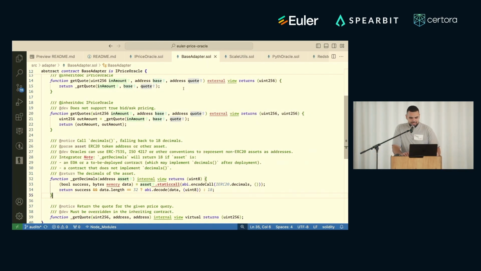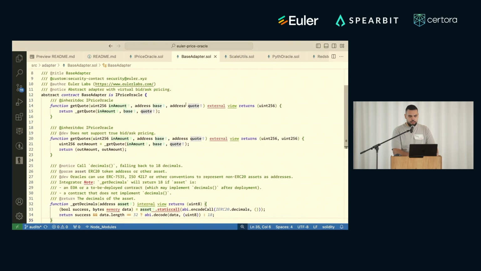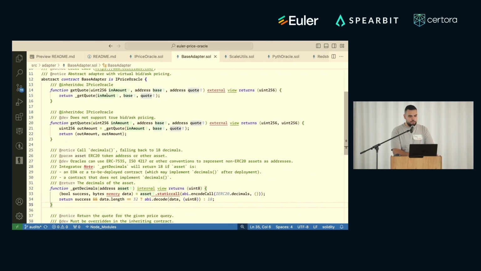All right, thanks. Okay, back to the BaseAdapter. I'm going to point out 3 things that are relevant here, and you should pay attention because this applies to all adapters in the repo because they implement this base class. First of all, this getQuotes method doesn't actually return a spread.